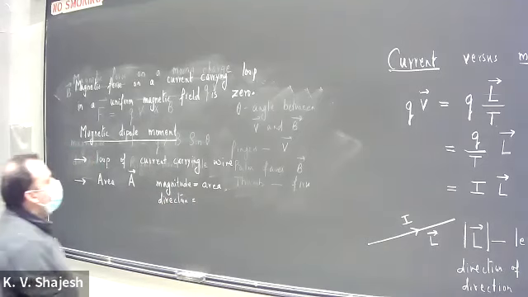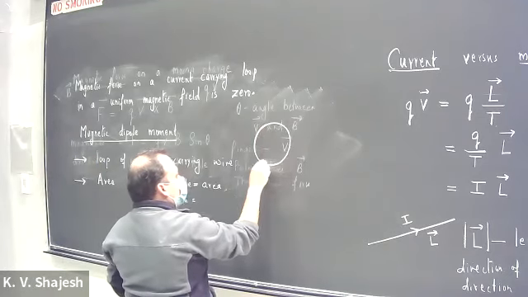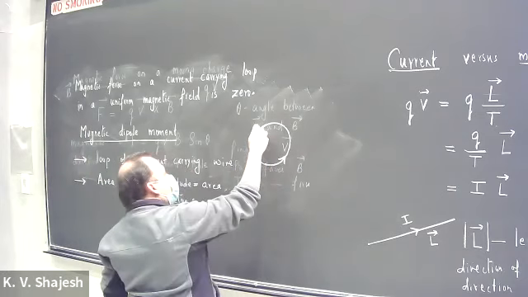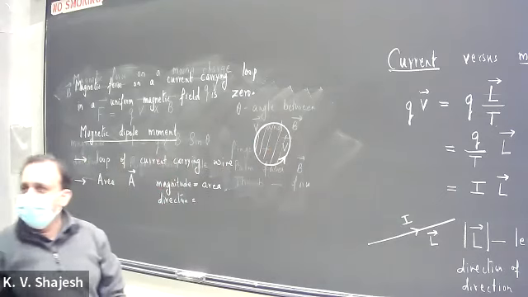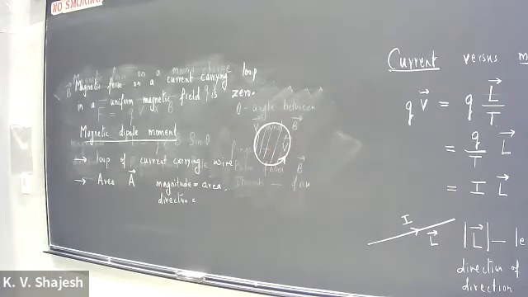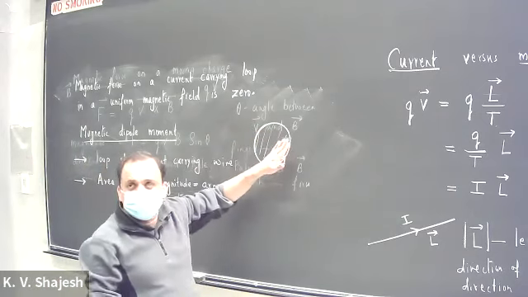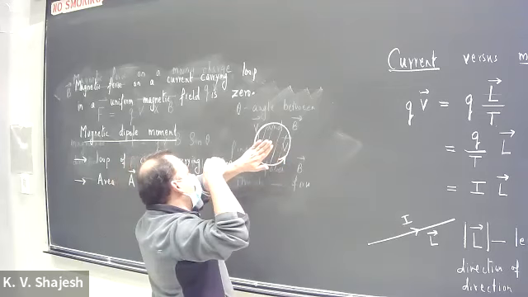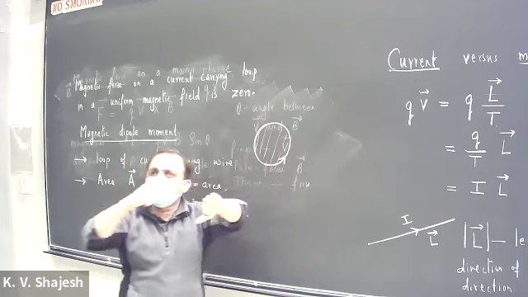For example, if I have a loop of circular wire like this, and there is a current I going through this, the plane is this. And now I have to associate a direction to that. If you have a plane, the direction perpendicular to that could be inward into the board or out of the board.